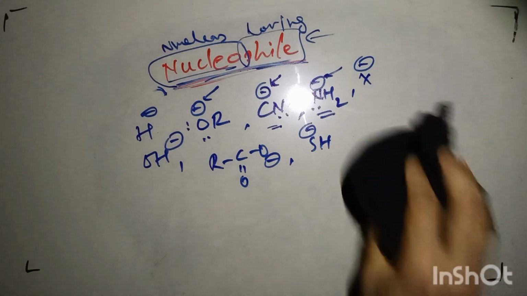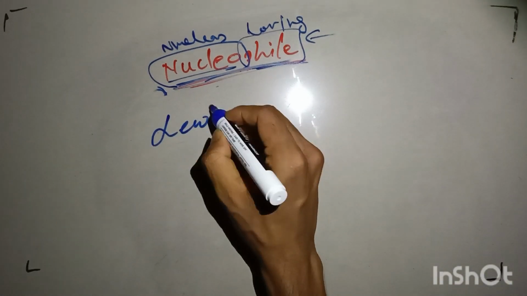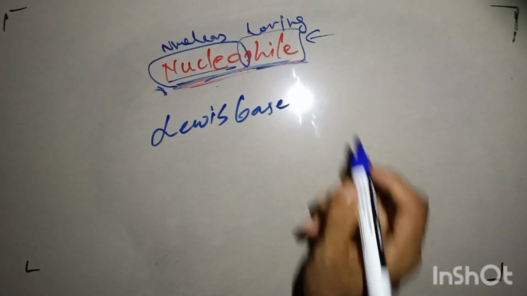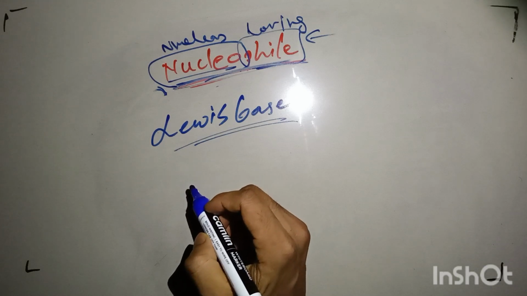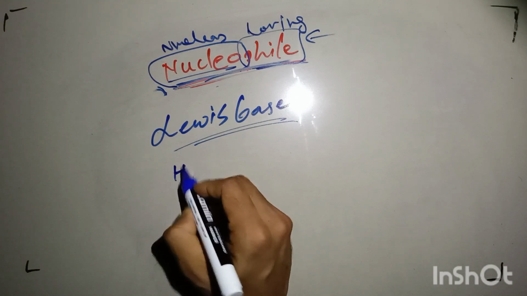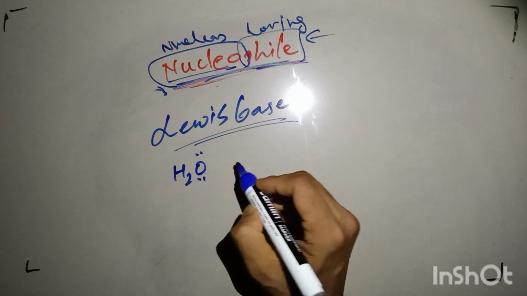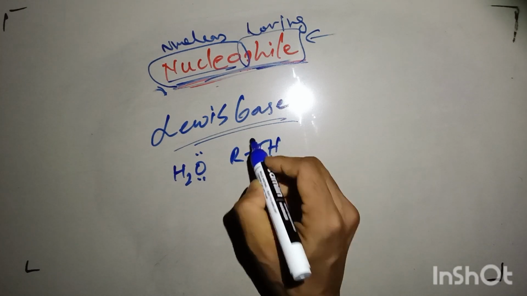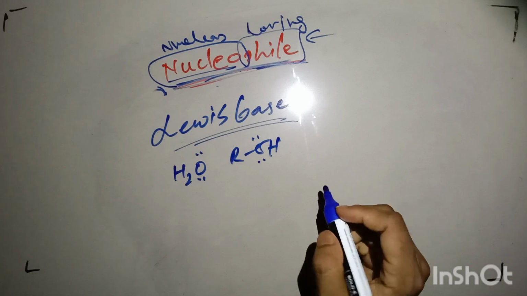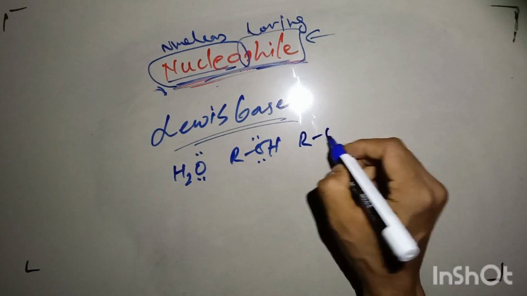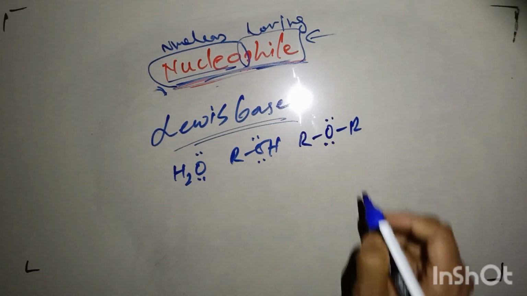After that, all Lewis bases will also act as nucleophile. In these Lewis bases, you will see different types, for example H2O. In this, oxygen has a lone pair. After that, alcohol, ROH, again oxygen has a lone pair. After that, ROR, that is ether, oxygen has a lone pair.